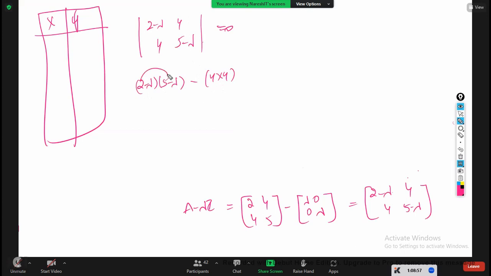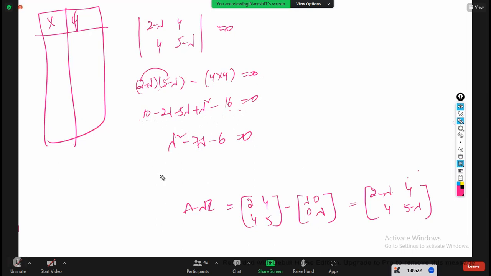That is 10, minus 2 lambda, minus 5 lambda, plus lambda square, minus 16, which is equal to 0. Now, lambda square minus 7 lambda plus 10 minus 16, which is minus 6, equal to 0. From this, you have to calculate the lambda values.